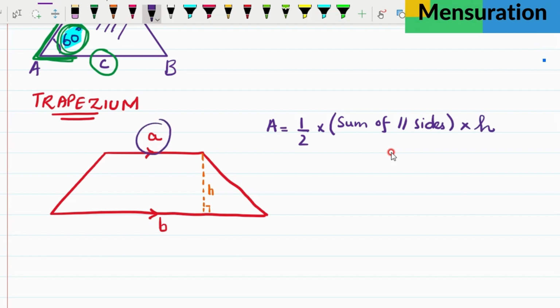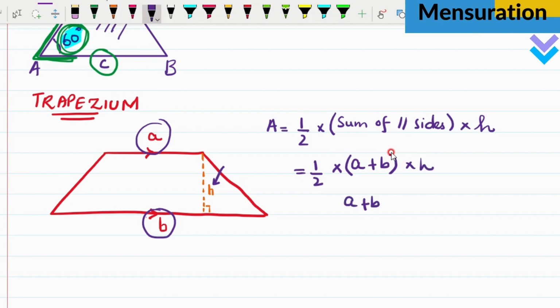Parallel sides are given, that is A and B, and height should be 90 degrees, the distance of 90 degrees between the parallel sides, or you can say a perpendicular. So in short form, we can even write it as half into (A plus B) into height, or even you can write in this form (A plus B) over 2 into height, right?